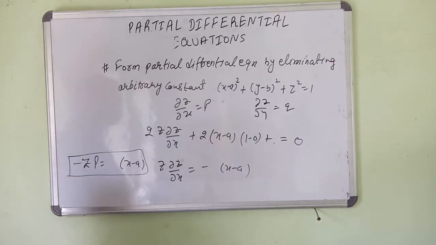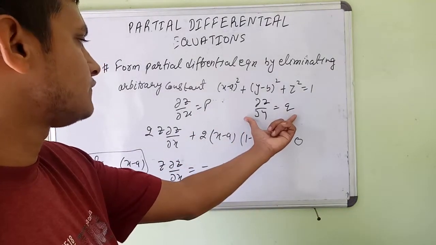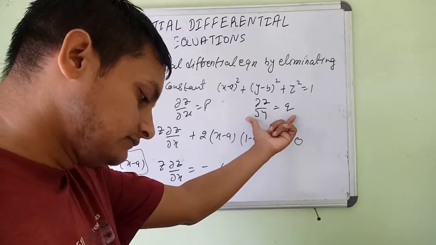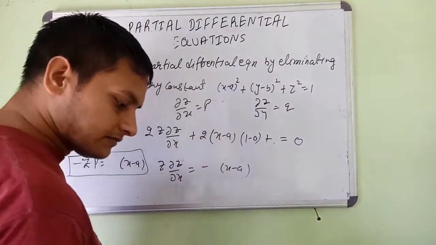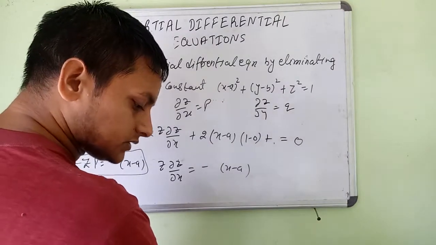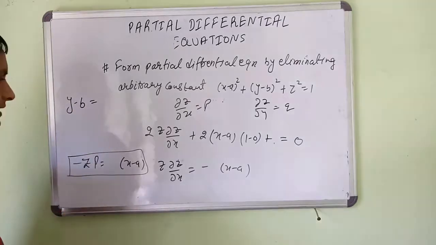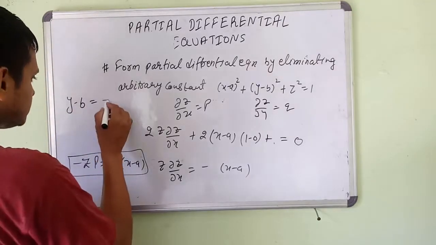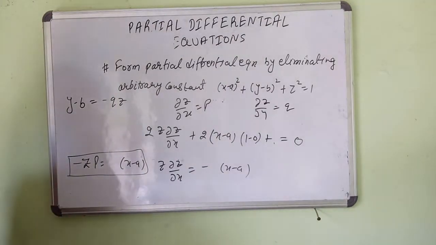Okay. Similarly, if we differentiate with respect to y, then we get y minus b is equal to minus qz. So y minus b is equal to minus qz, and x minus a is minus zp.